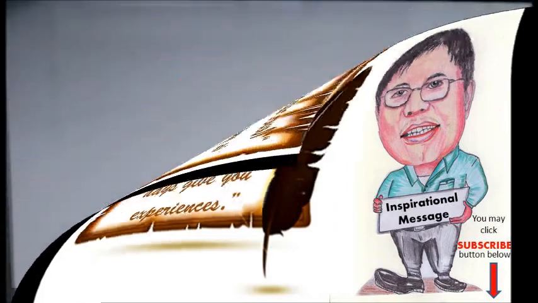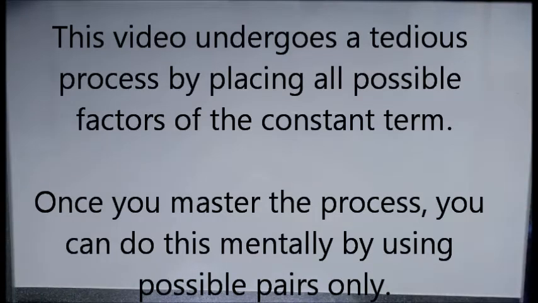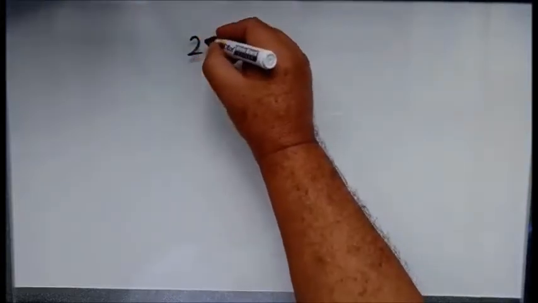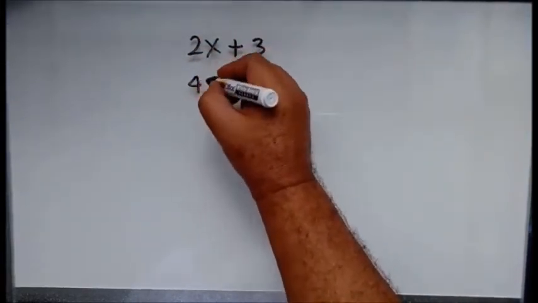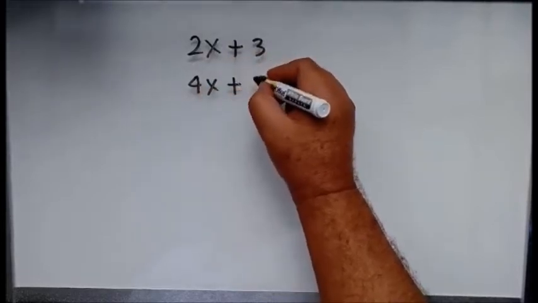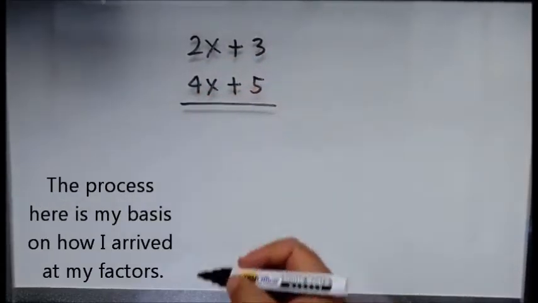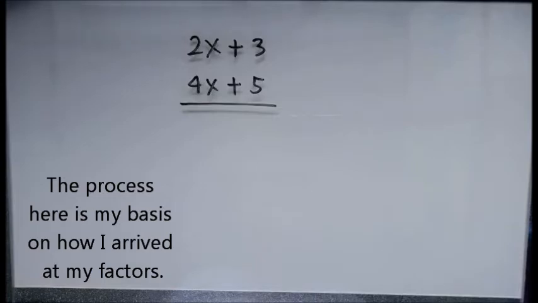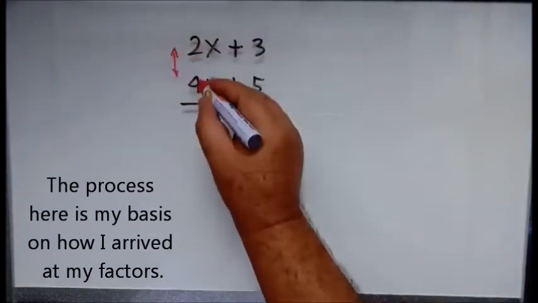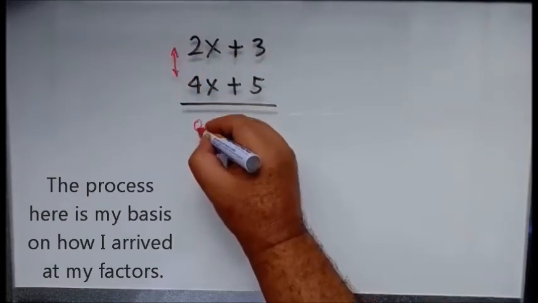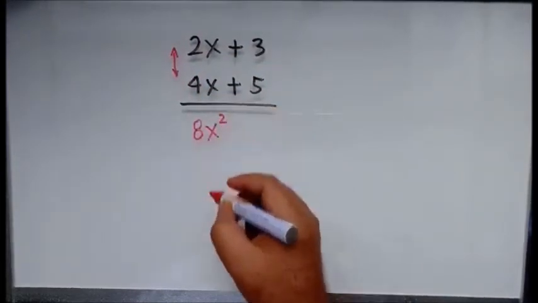Before we proceed, I will discuss the process first on the basis of this trial and error method. Supposing we have 2x plus 3, then 4x plus 5. What will we do? First, we multiply these two. 2x times 4x will become 8x squared.